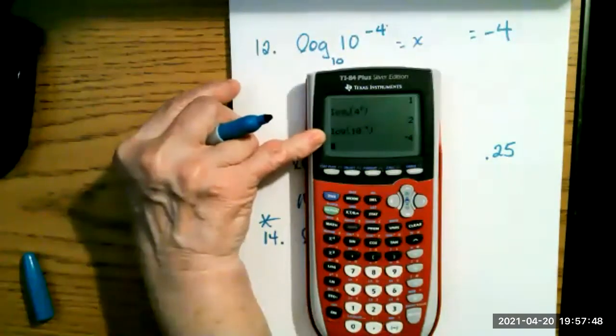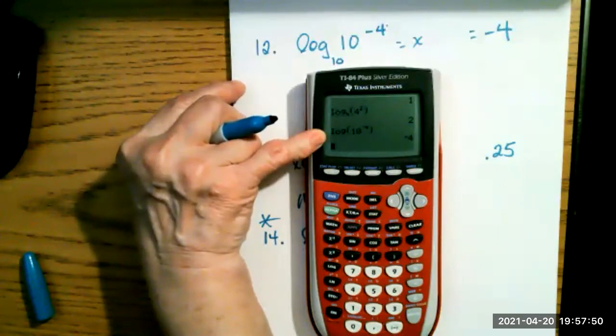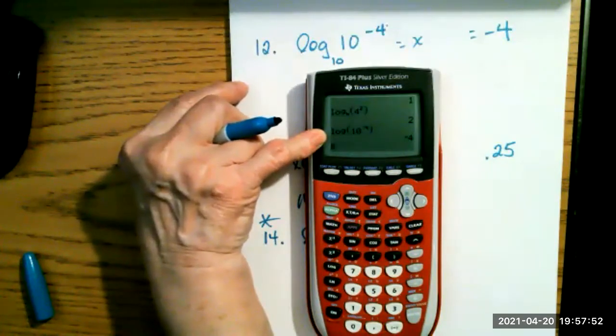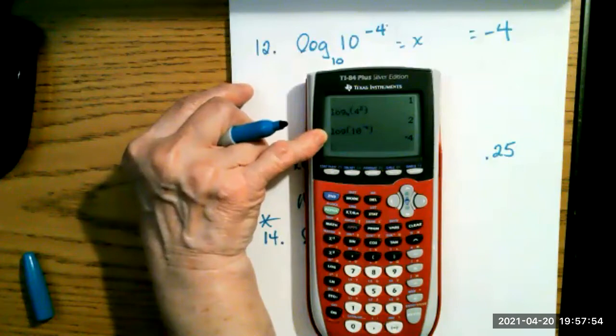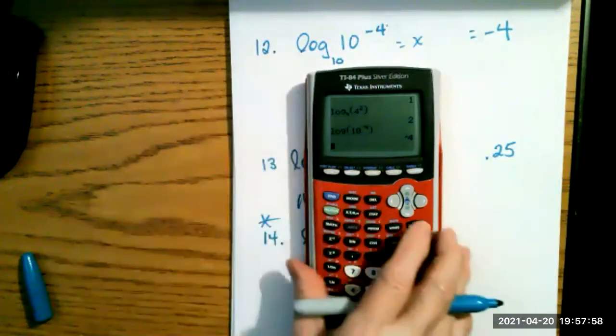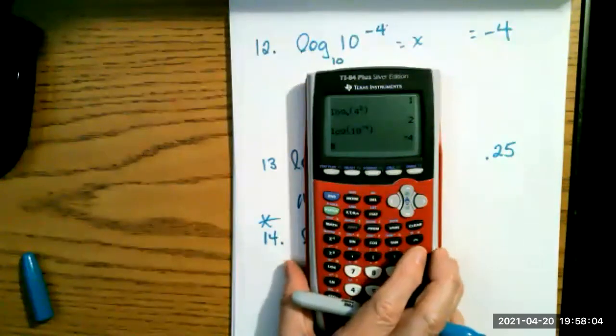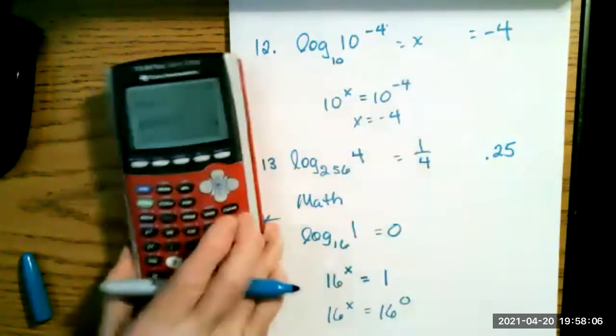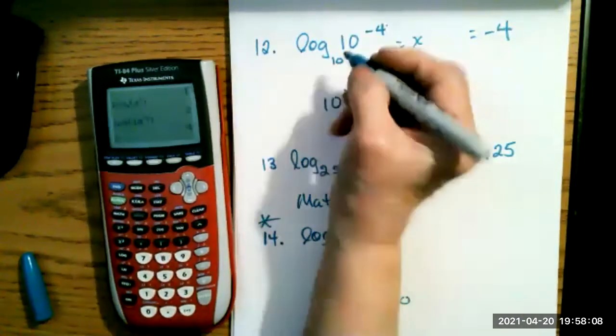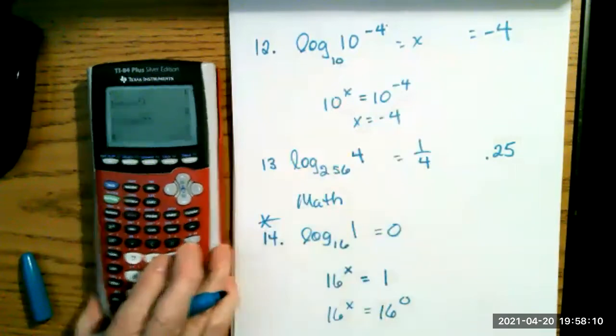It's understood to be base 10 if you put LOG. So you can just put in 10 to the -4 and it will give it to you. Okay, log, and you just said log 10. You don't have to do the 10, the base. You don't have to do the base if it's not anything there. It's understood to be base 10.